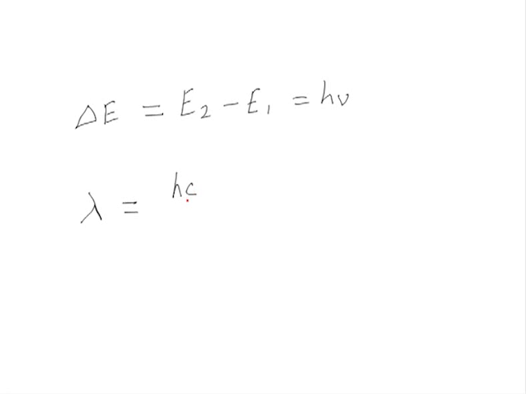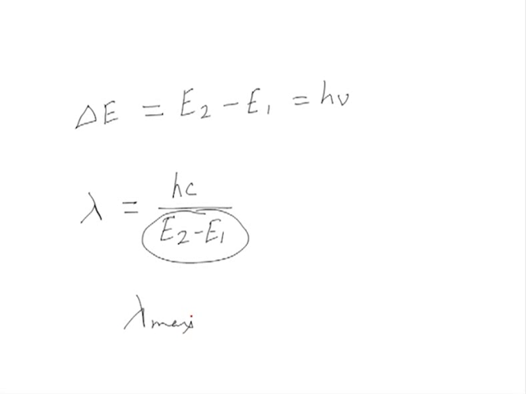if it fulfills this particular condition, then the energy will depend on the wavelength of electromagnetic radiation as well, and the wavelength at which the maximum absorption takes place is called lambda max.